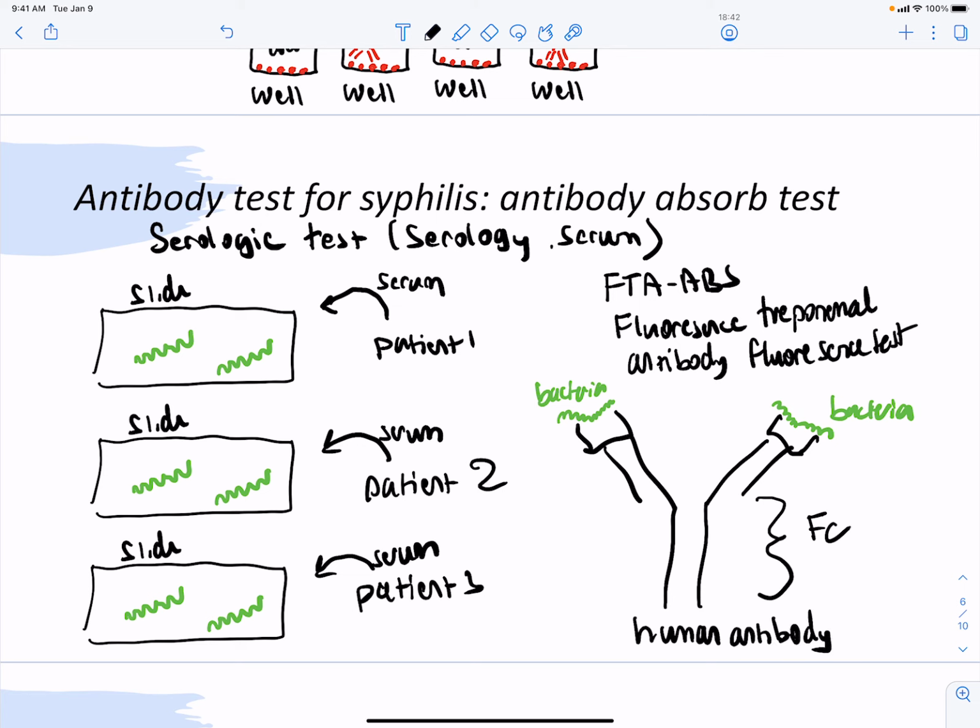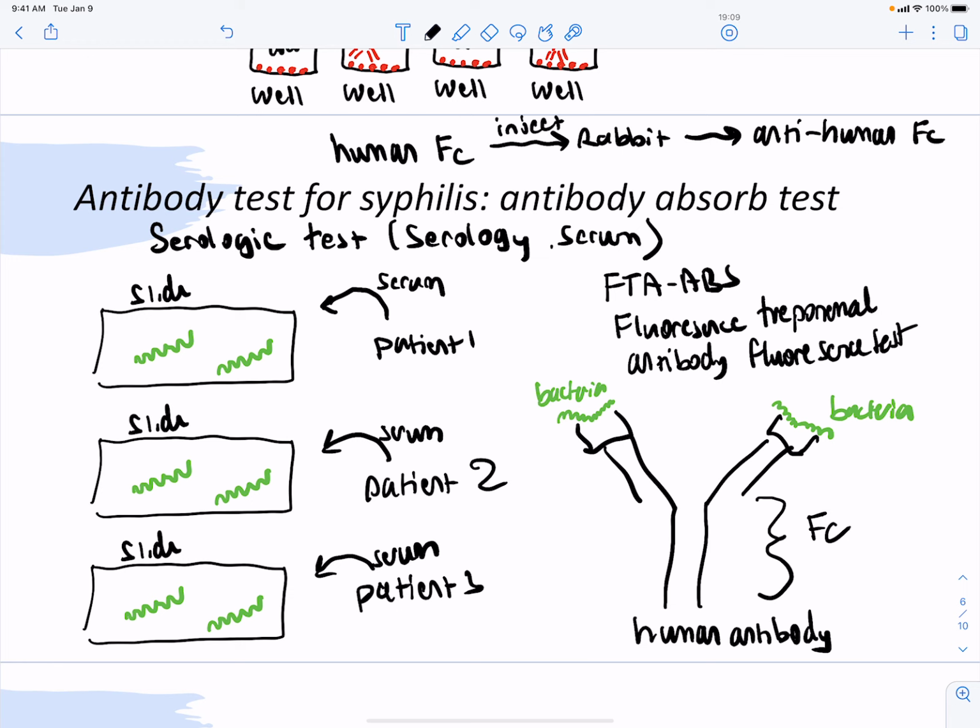And so what we do, which is really clever, is we take our human Fc region and we inject it into an animal, such as a rabbit. And then the rabbit will make, I'll just draw it out, anti-human Fc.